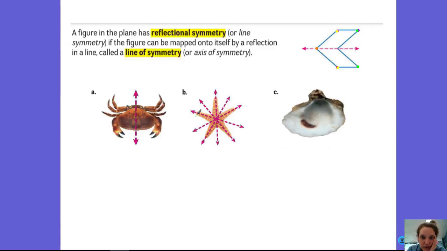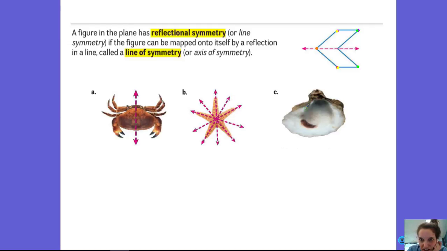This starfish has multiple lines of symmetry. I could fold it in half along this line, and these two arms would map onto each other. I could reflect it straight down the middle. So this one actually has 1, 2, 3, 4, 5 lines of symmetry.